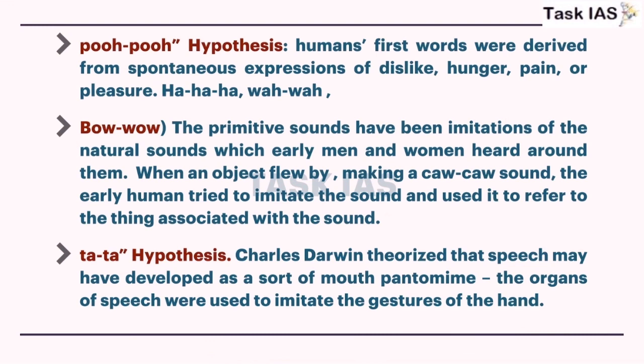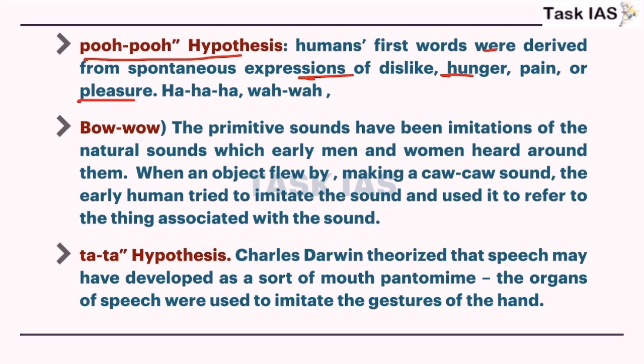Now the poo-poo hypothesis. According to it, humans' first words were derived from expressions of dislike, hunger, pain or pleasure, and these are universal. Every society, whether it is the simplest society or the western world, has this tendency to express these through emotions.